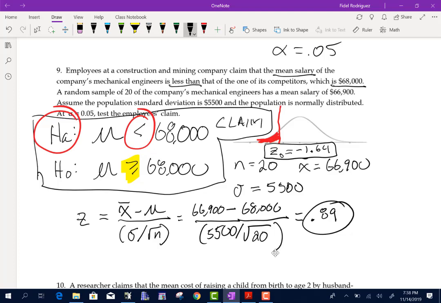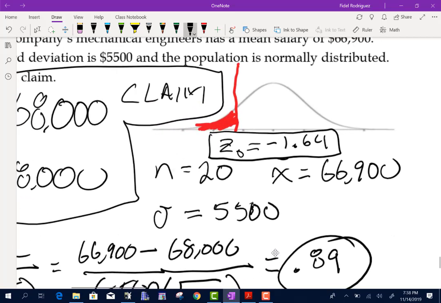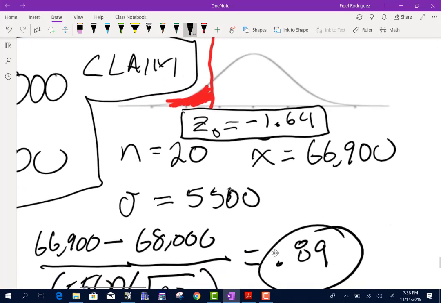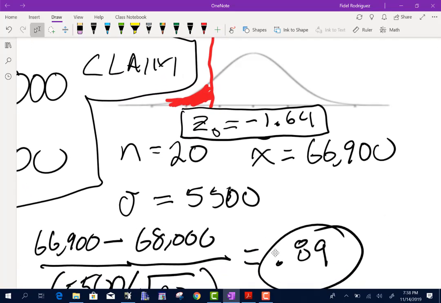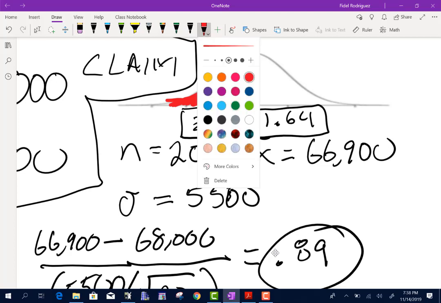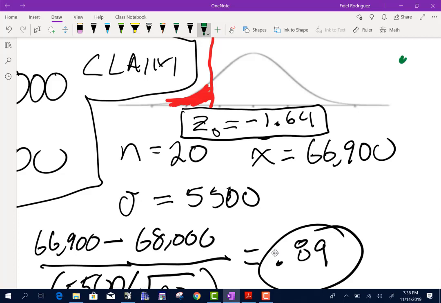So far, are we okay on how we came up with what we came up with? All right, now I'm going to zoom in a little bit. Let's get a different color, let's go green. My question to you: where would I put negative 0.89? Would it go to the left of this number, to the right of that red line?